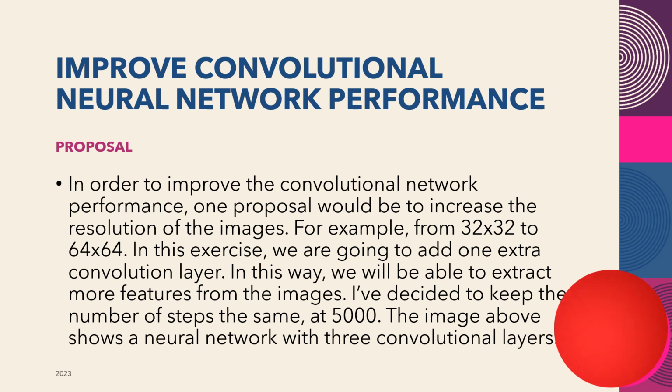In order to improve the convolutional neural network performance, one proposal will be to increase the resolution of the images, for example, from 32 by 32 to 64 by 64. In this exercise, we're going to add one extra convolution layer. In this way, we will be able to extract more features from the images. I have decided to keep the number of steps the same at 5,000.